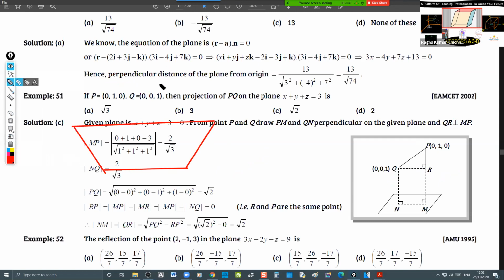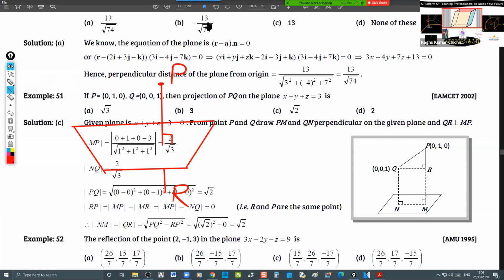Now this is the point P. We need its image or reflection. Let me say symbolically R. If you need its reflection in the plane, always understand this is perpendicular, please. This is 90 degrees.